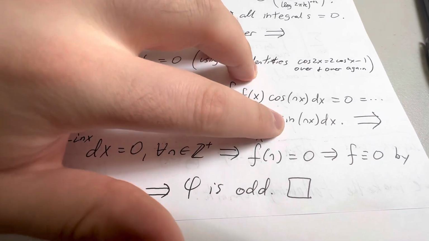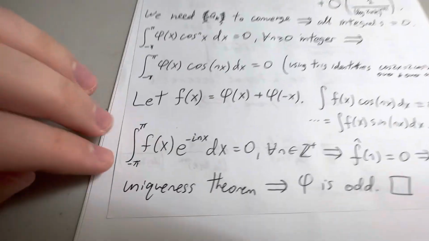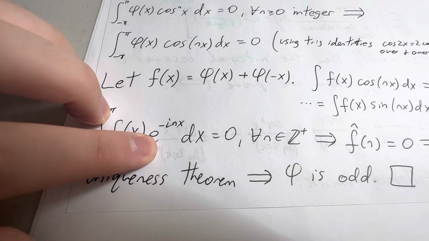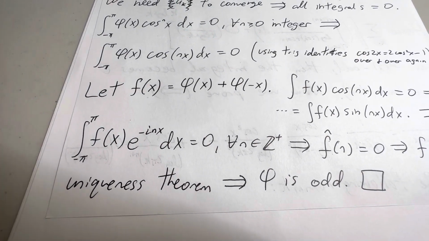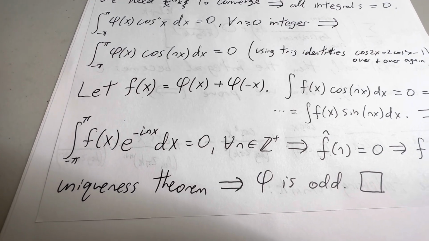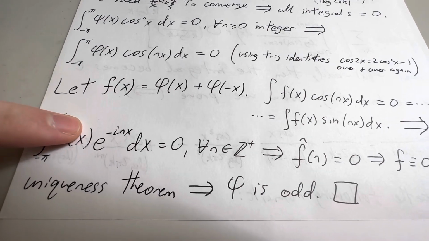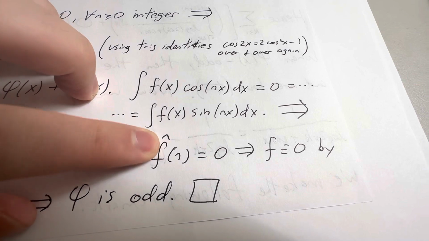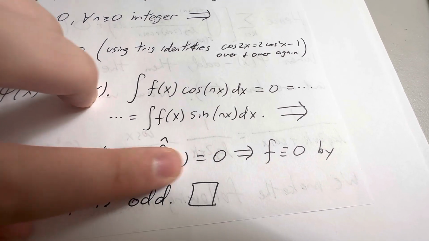So since both the cosine and sine integrals are equal to 0, we can rewrite this as the integral of f(x) times e to the negative i n x dx is equal to 0 for any positive integer n, by just combining the integrals. But these give us the Fourier coefficients. So the Fourier coefficients, f hat of n, are equal to 0.